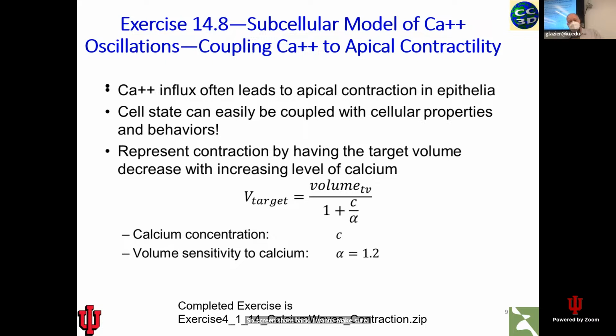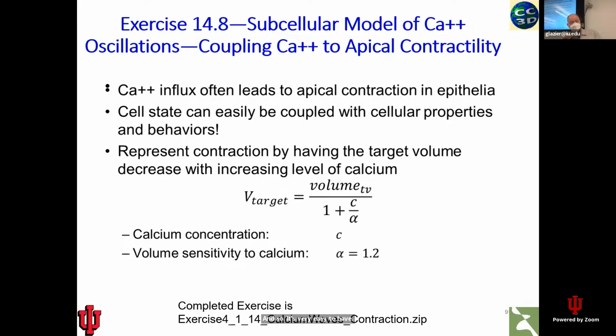That's fun. The last thing, which I will leave for you to try on your own, is that when calcium fires, it actually causes the actomyosin at the top of the cell to contract. And so it's very easy to add one line to your code.